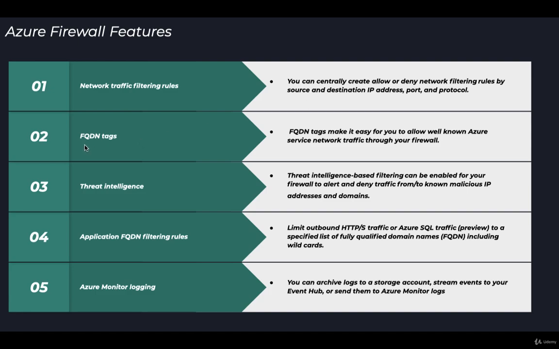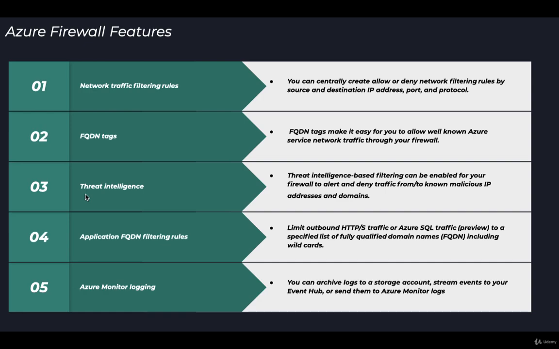You can also use FQDN tags, which allow well-known Azure network traffic through your firewall. For example, if you want to allow traffic for Windows Update, you can simply create a rule, and Azure Firewall will allow the traffic for Windows Update to pass through it.